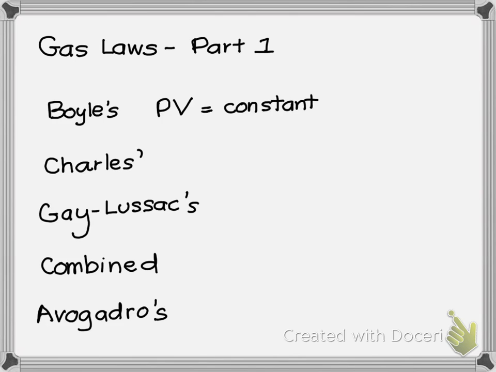So another way to write this relationship is to say, okay, my first pressure and my first volume must equal my second pressure and my second volume, because the product of the two are always a constant. Now this is true under the conditions that the temperature and the amount are held constant in the process.